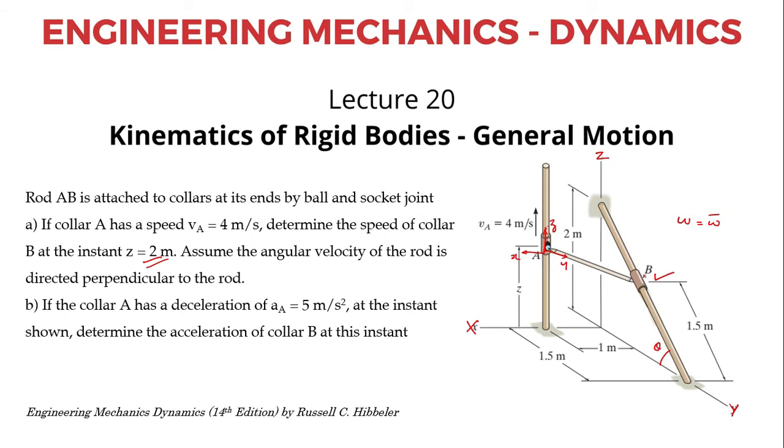So the collar B will have a component along the Z direction as well as along the negative Y direction. I can express the velocity VB in terms of these two components.